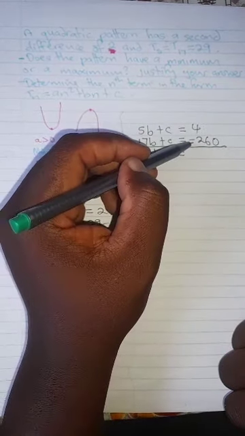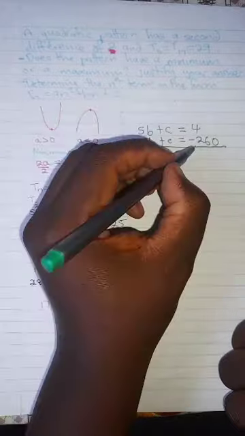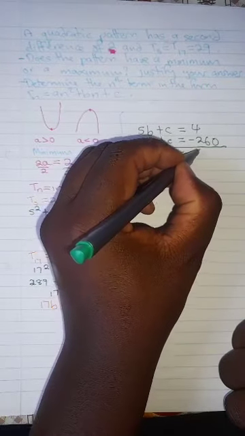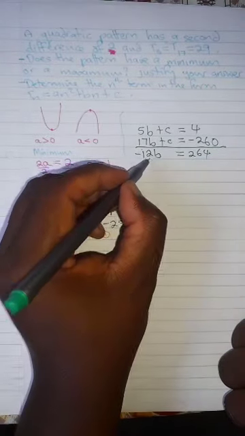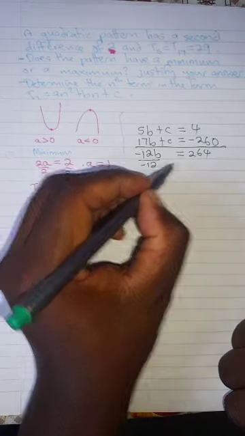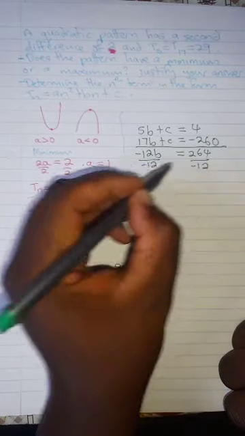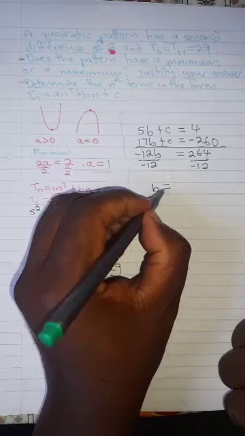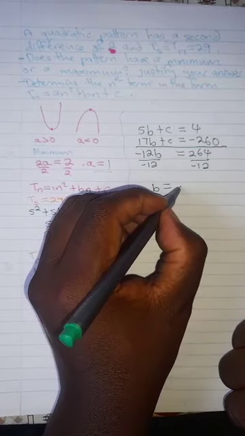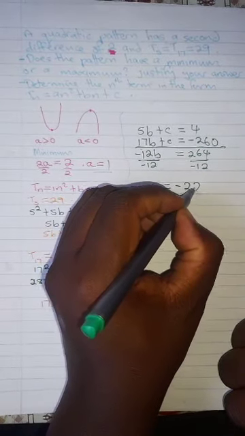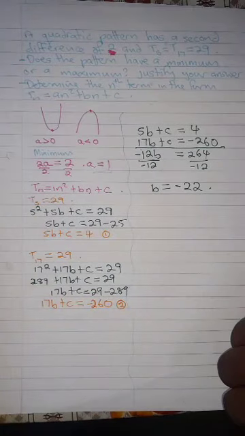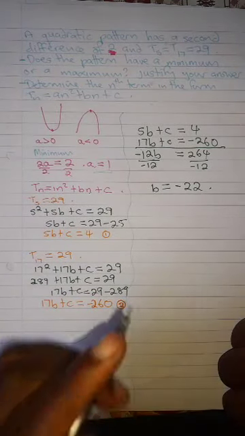And then 4 minus 260 is negative 264. Divide by negative 12, divide by negative 12. So your b would be equal to negative 22. This is your b there, negative 22.